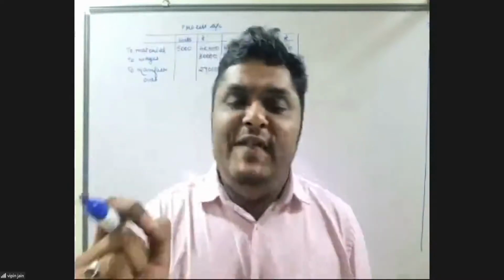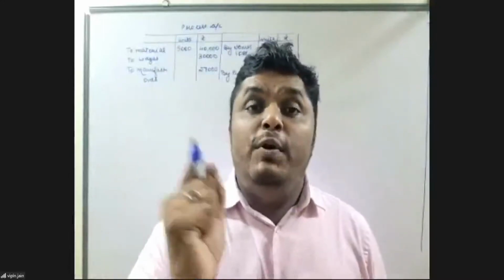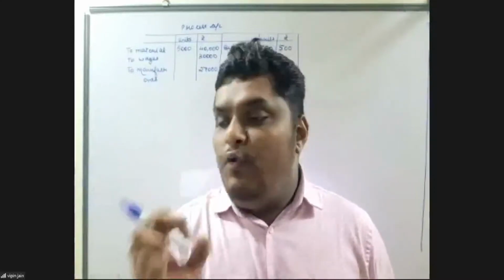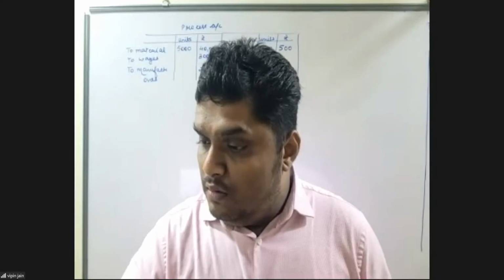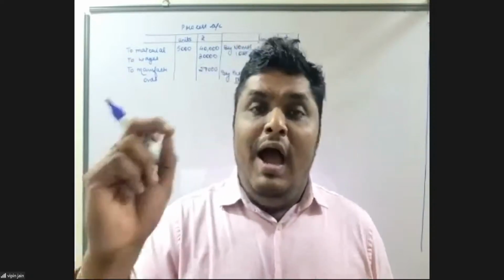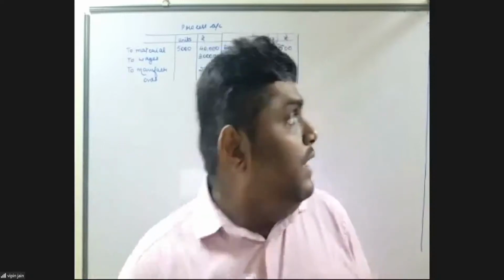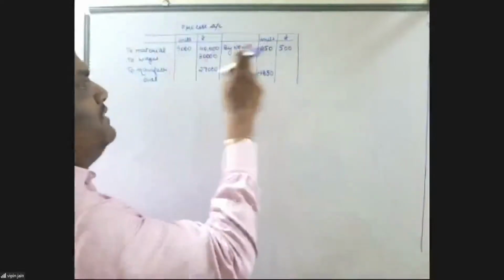Now herein in this second case, 5,000 is my input, 250 is my normal loss. It means my expected output is 4,750, how come, 5,000 minus 250.